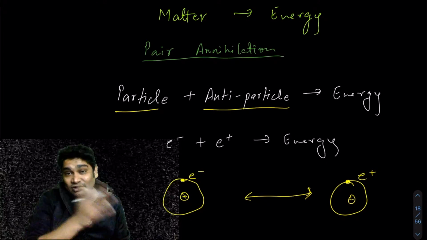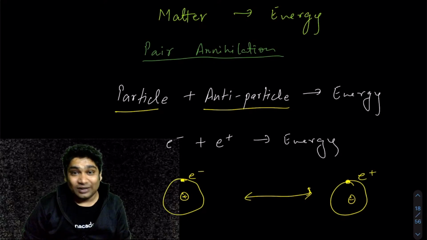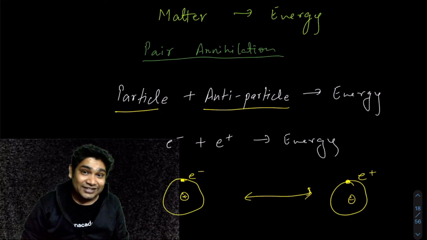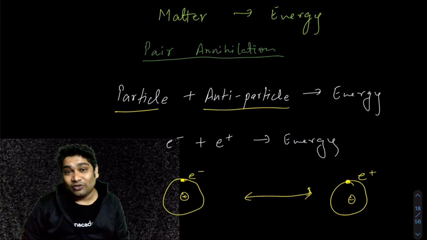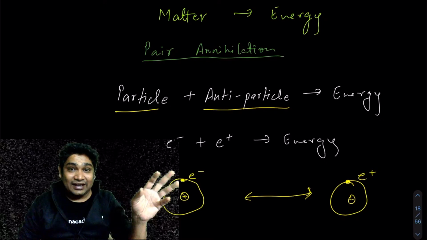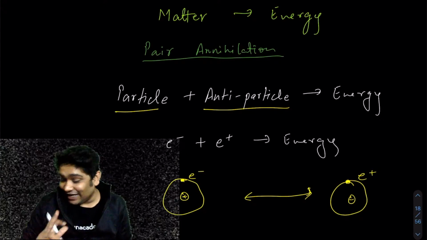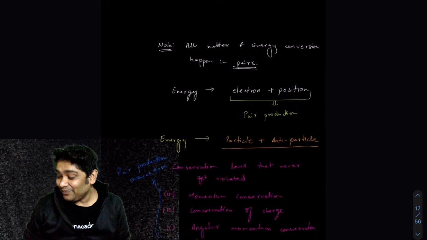Assuming there was no net charge before the Big Bang, right now also in the net universe, the net charge must be zero. So for every proton that I see there must be one antiproton, and for every electron there must be one positron, and so on. That is a very interesting thing.